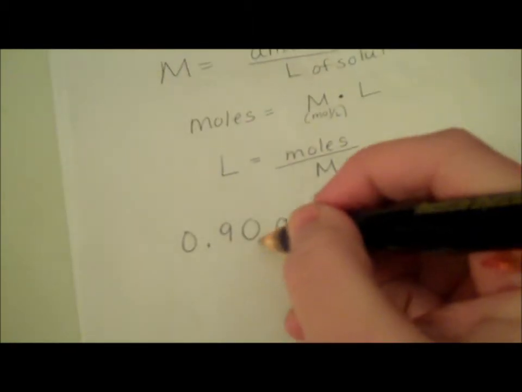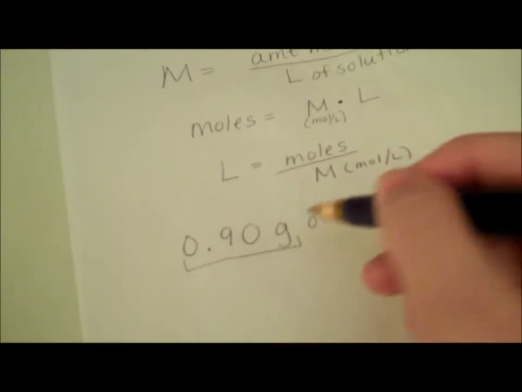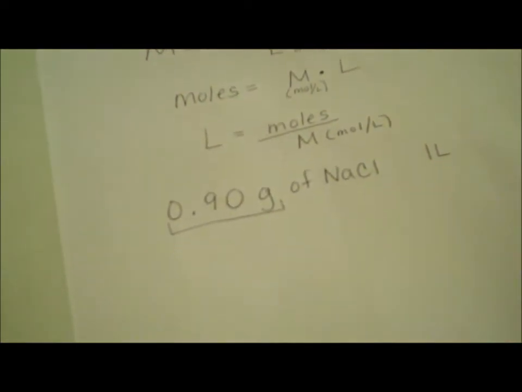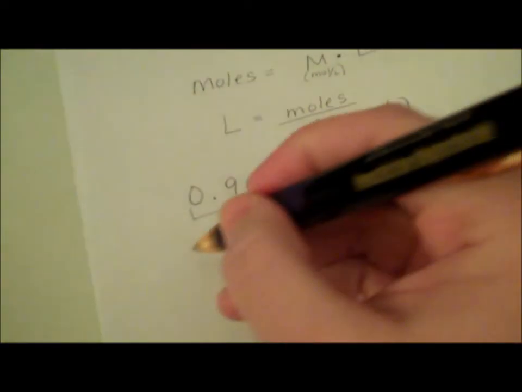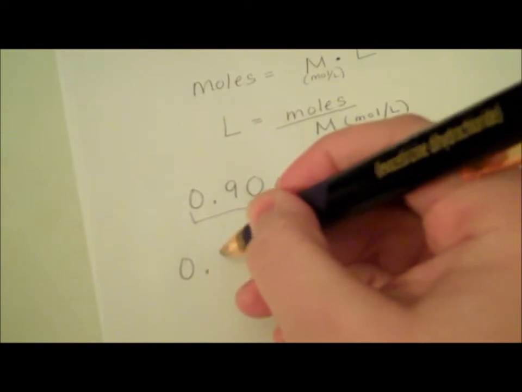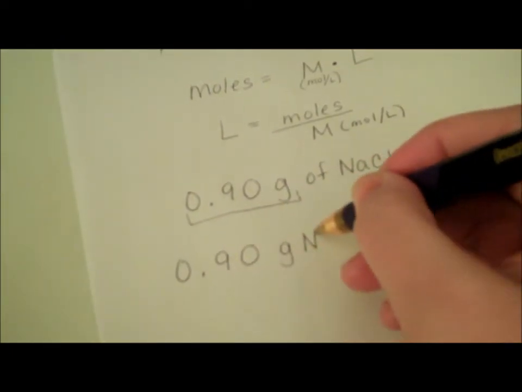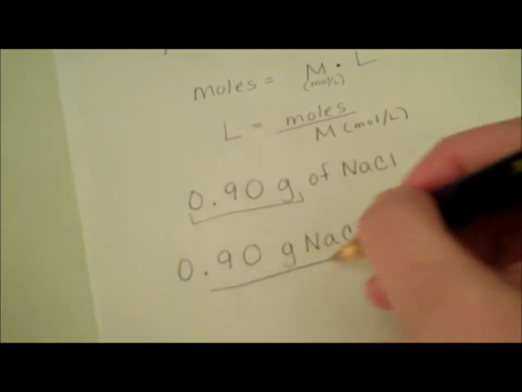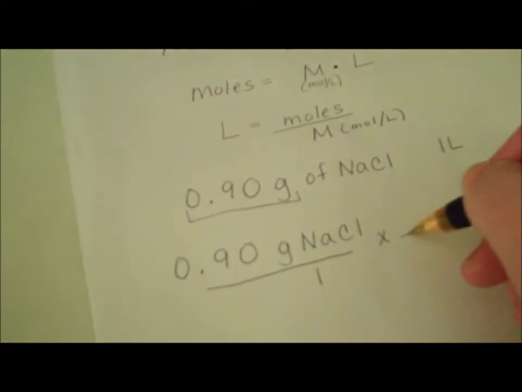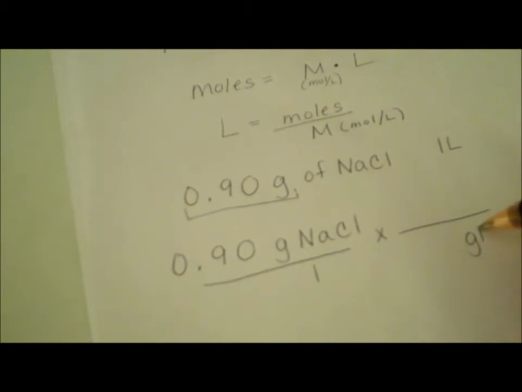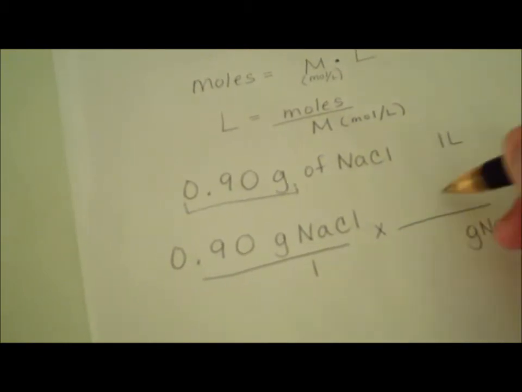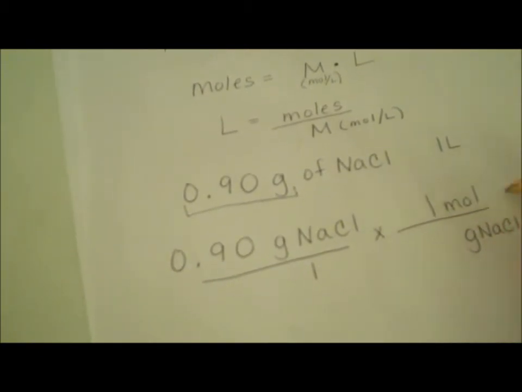The only problem is that our given is in grams, meaning that we're going to have to change this to moles by using our molar mass. So we're going to go 0.90 grams of NaCl over 1 times the amount of grams in NaCl per 1 mole.